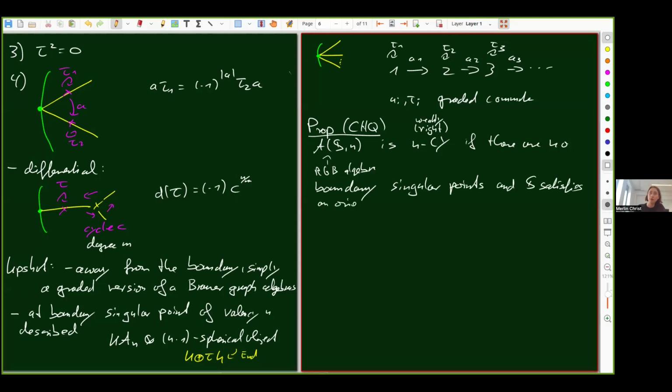This orientation assumption is a bit technical. It's automatic if n is odd.